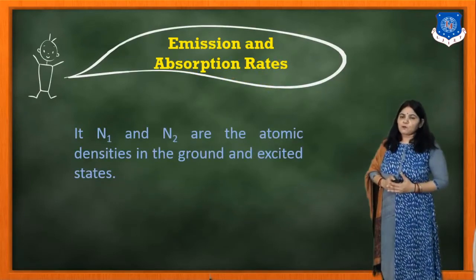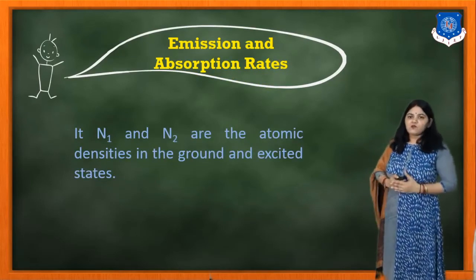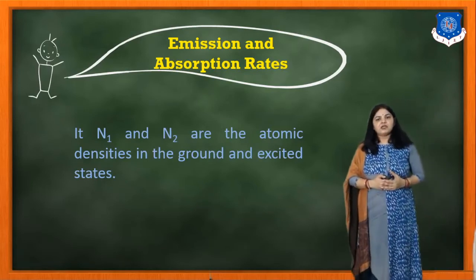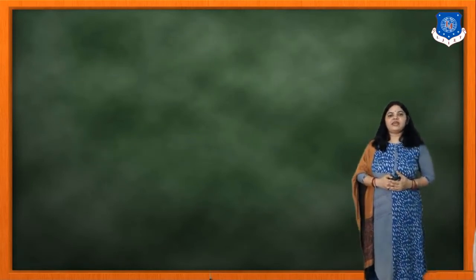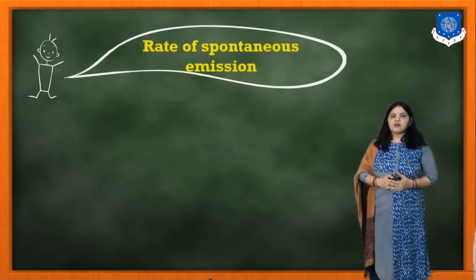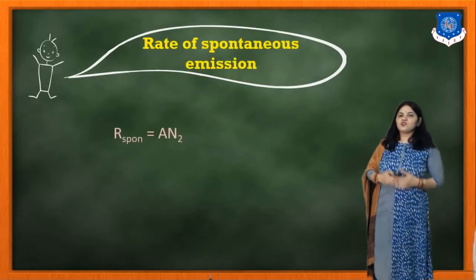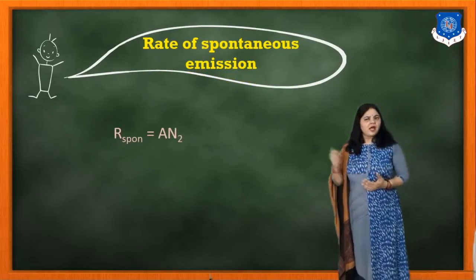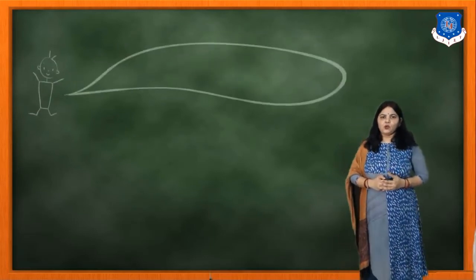Emission and absorption rates. If N1 and N2 are the atomic densities in the ground and excited states, then the rate of spontaneous emission is A into N2.